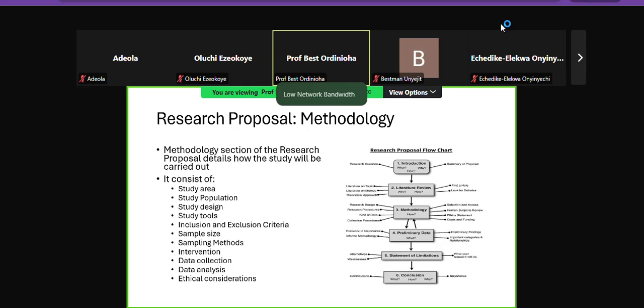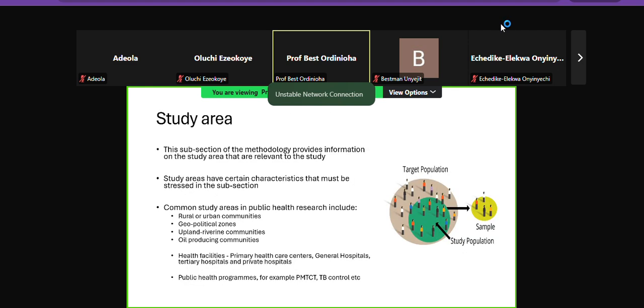If you are doing a cross-sectional study, the intervention will not be necessary. Then data collection, data analysis, ethical considerations. You are going to write something briefly on all of these subsections. We are going to tell you what to write in each, starting with the study area. Study area is where you are carrying out the study.